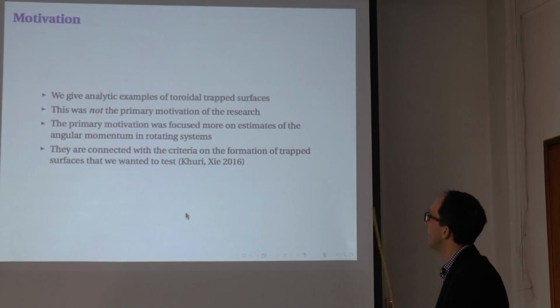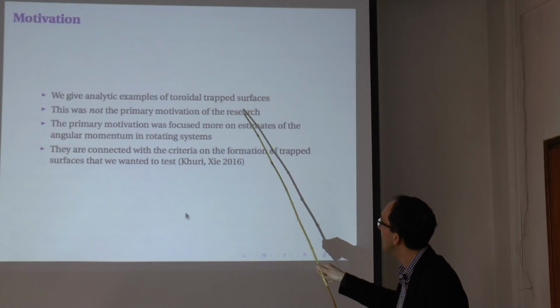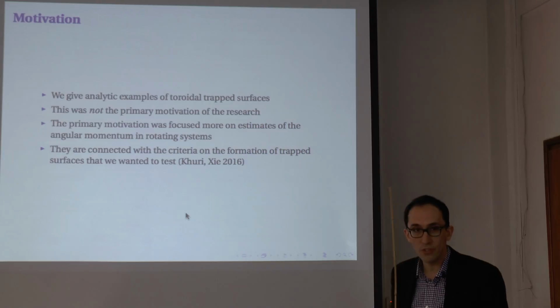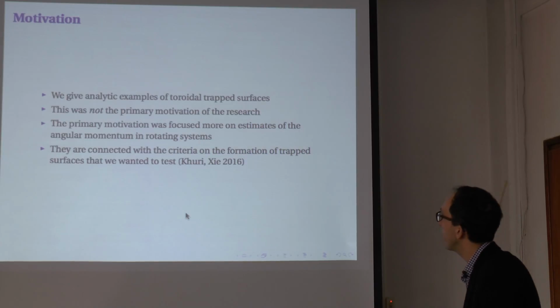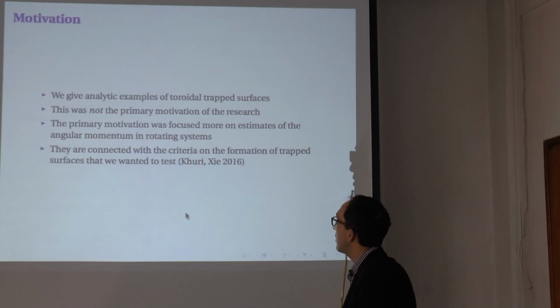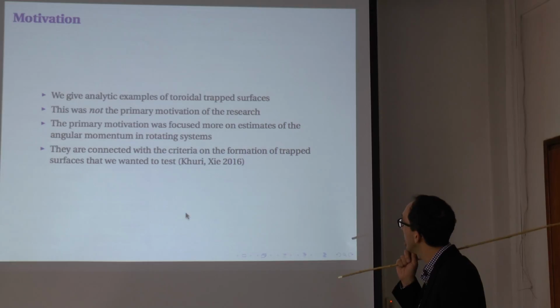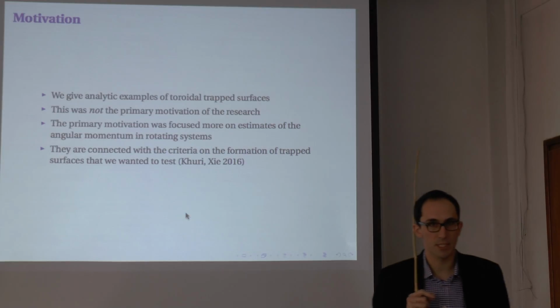Okay. As a matter of fact, the study of those examples of toroidal trapped surfaces was not the main motivation of the research that we are doing. It might be quite surprising, but the primary motivation was focused on estimates of the angular momentum in rotating systems.